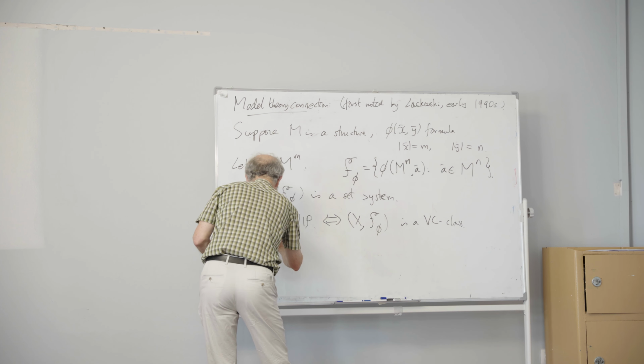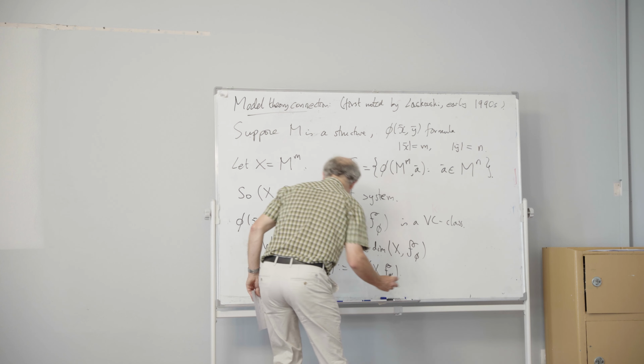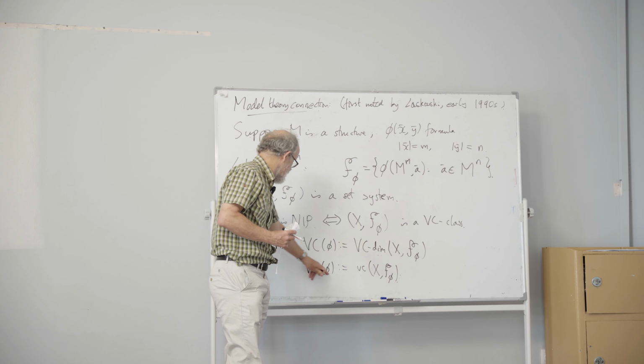Sorry, that will be the small VC. This is the density, so it's just little VC of X, F phi, or just F phi. So we can talk about the VC density of a formula.